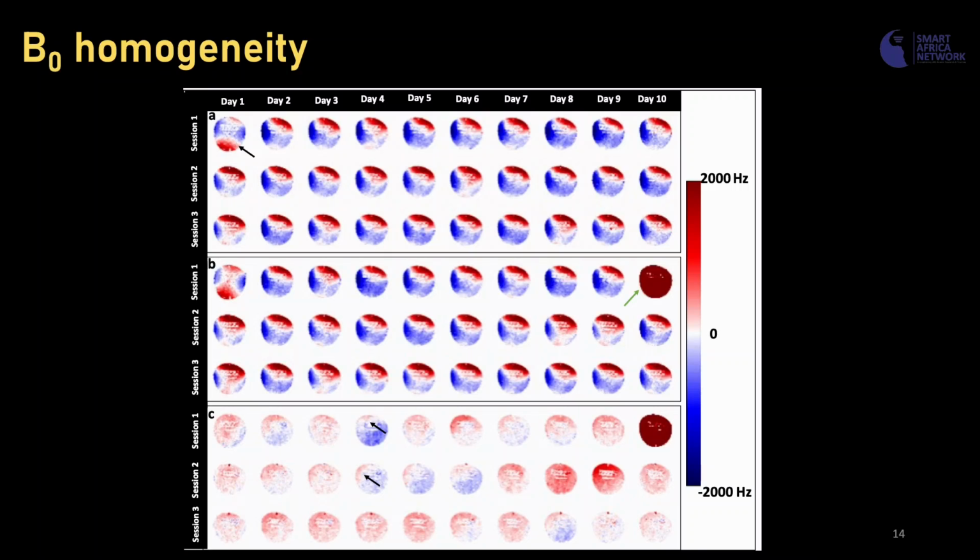However, on day 10, we saw a sudden increase in one of the maps that we've not seen before or after that event. However, we don't really understand the reason for that particular event. And that did not affect the image quality when we did the subtraction as well.